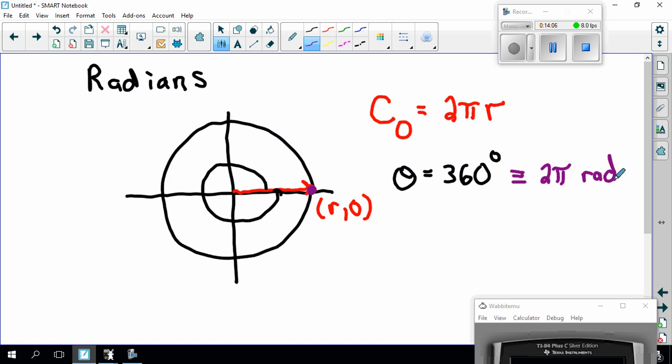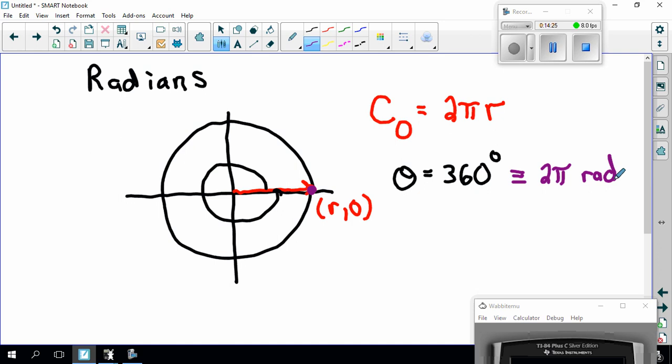Now this is a little different. Degrees, you get your protractor out and you can see 360 degrees, but radians is actually a distance measure. So it's really 2 pi, could be feet, whatever the units are, but we say it's equivalent to an angle.